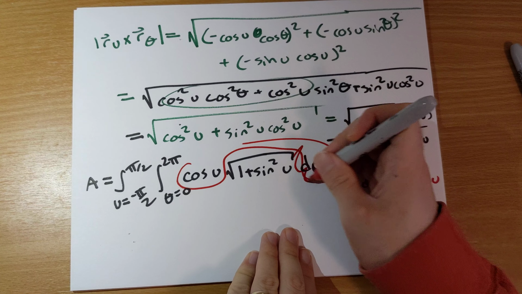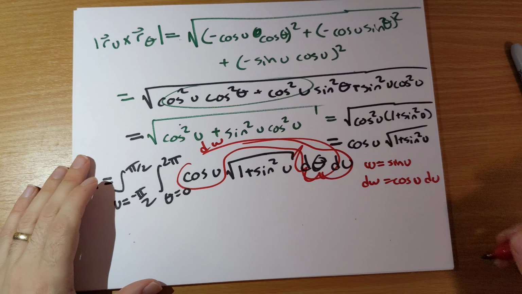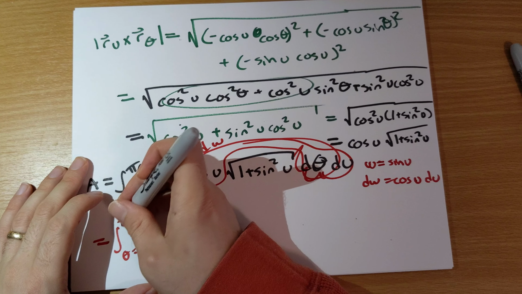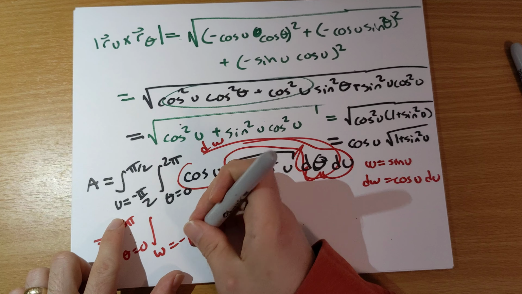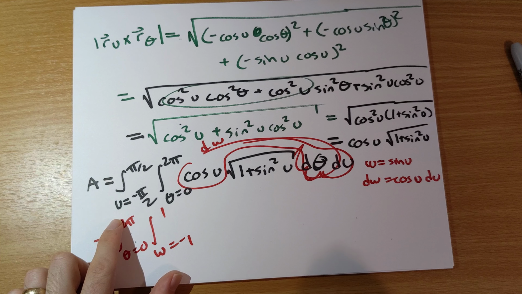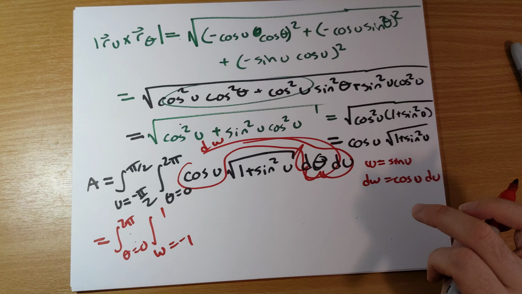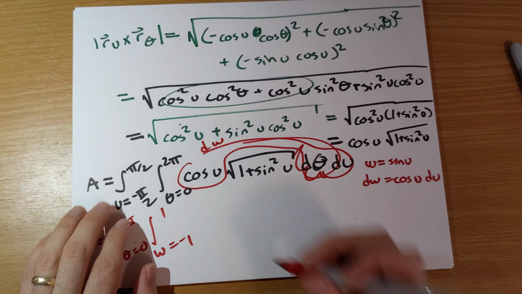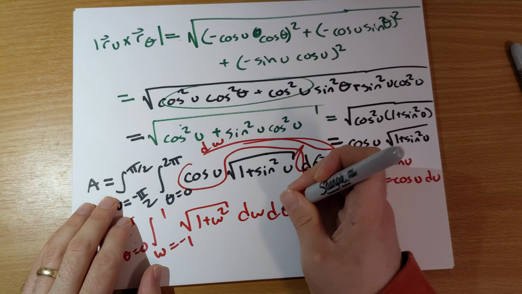So there is our dw here. And so this is going to be theta runs from 0 to 2 pi, and w runs from negative 1 to positive 1, because sine of negative pi over 2 is negative 1. And square root of 1 plus w squared dw d theta.